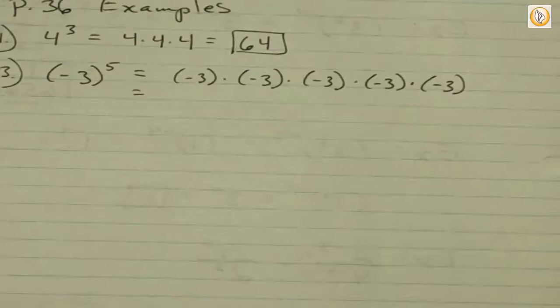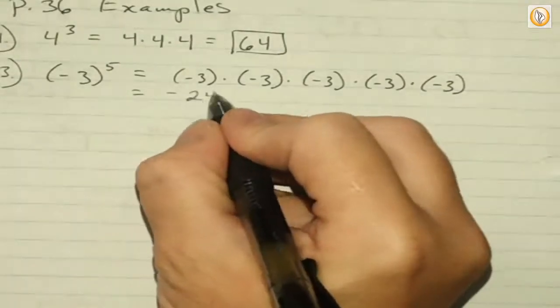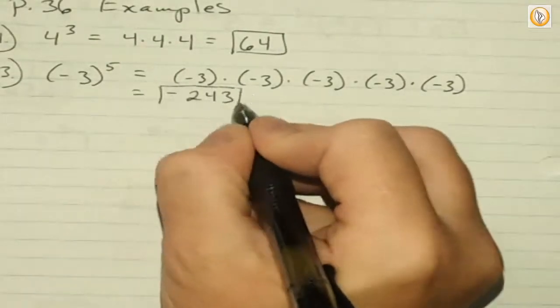Multiply two negatives is positive. Y'all should be trying to figure it out too. Is it negative 243? Yes, ma'am. Negative 243. Good job.